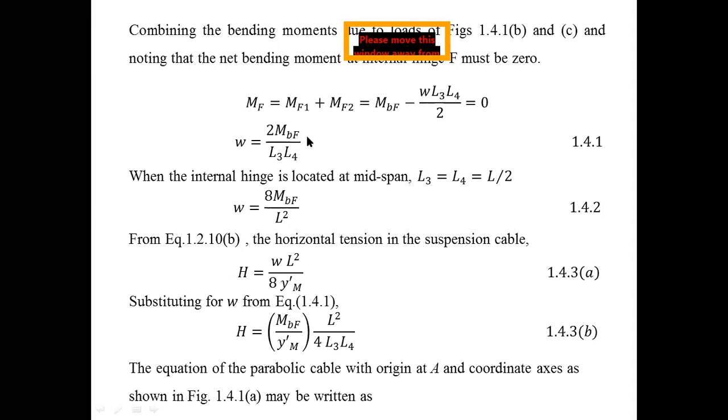AB by L. That is the influence line coefficient. Already you learned in the previous chapters, previous semester. So substitute here 2 into L3 into L4 into what is MB? AB by L. What is AB? L3 into L4 by L.